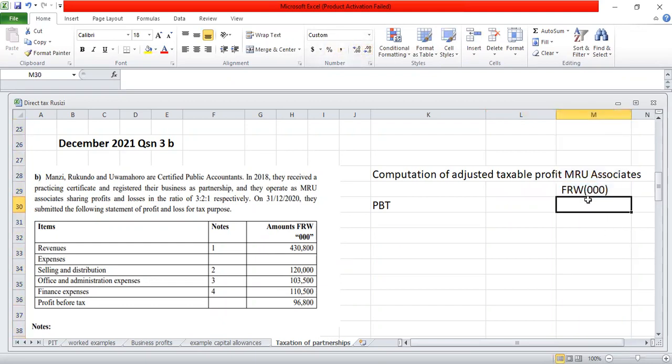So our PBT is 96,800. That's the profit before tax.